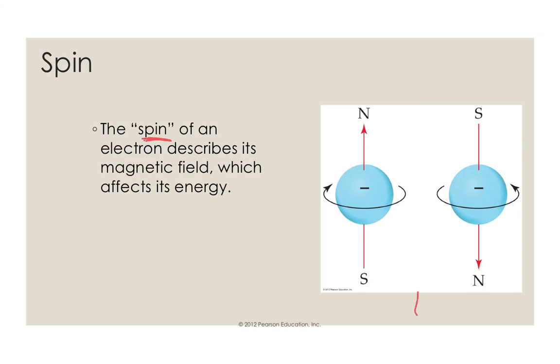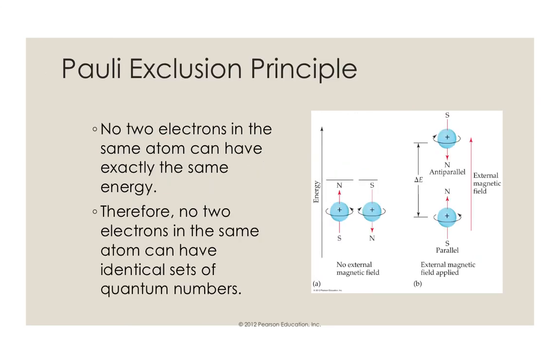And even though it's shown here as spinning in one direction and spinning in the other direction, it's not actually a spin. It's other aspects of the electron that cause the magnetic fields to be slightly different, but they're opposite of each other. So from this comes the Pauli exclusion principle, which basically says that you can have no 2 electrons with the exact same energy.